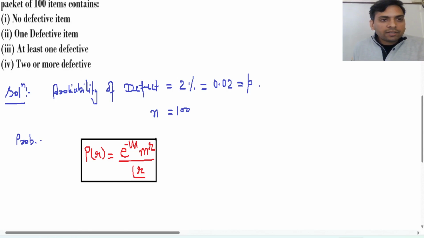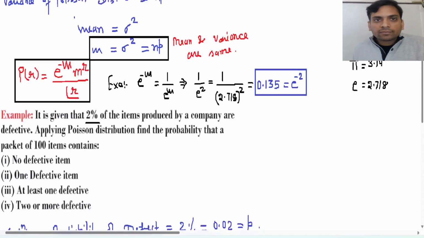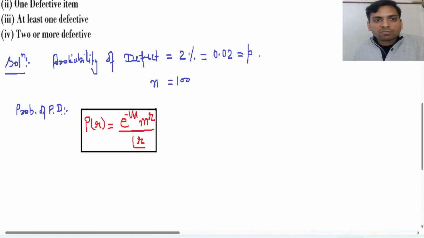Clear? For this, you first need M. What is the formula for M? M equals NP. So this is the mean of the binomial distribution, the mean of the Poisson distribution.